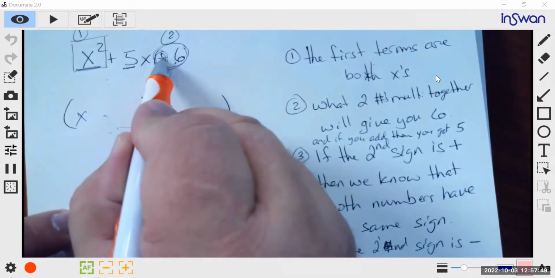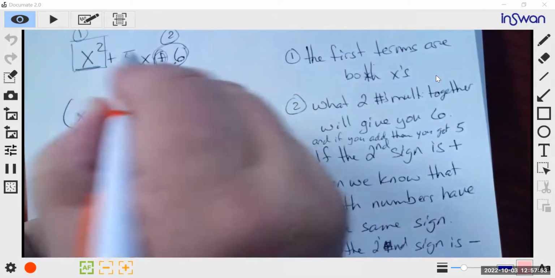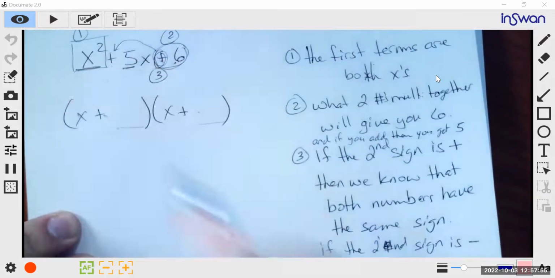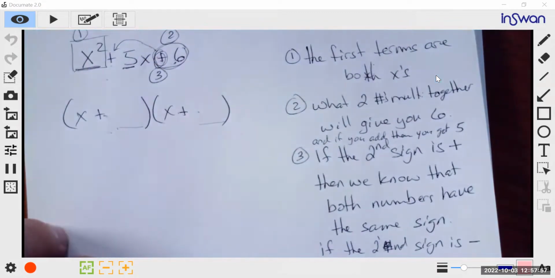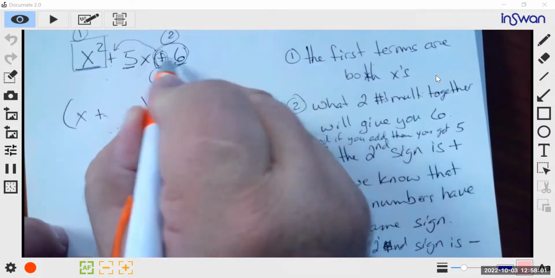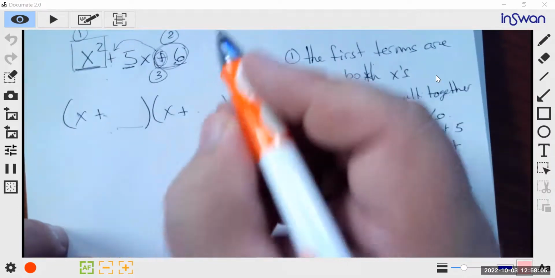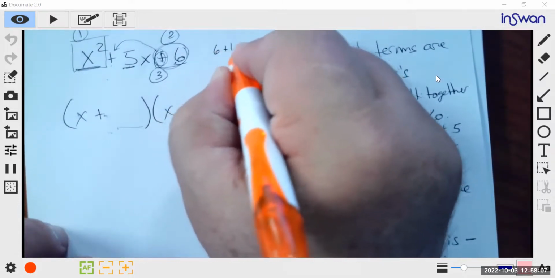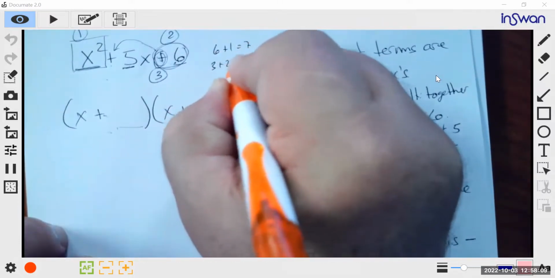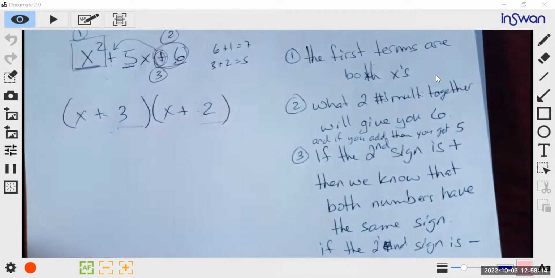They're both the same. They're both going to be pluses. What times what is 6? When you add them, you get 5. Yes, 6 plus 1 is 7. 3 plus 2 is 5. So the numbers have to be 3 and 2.